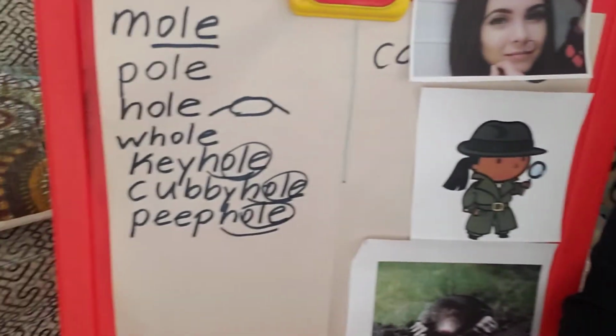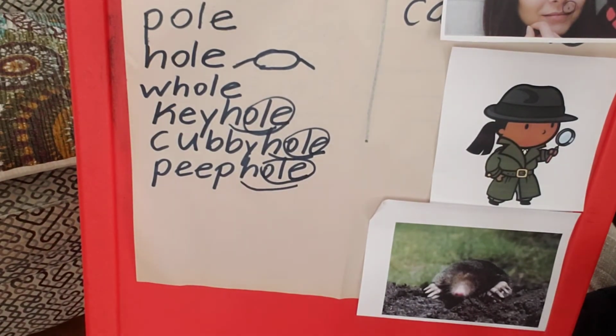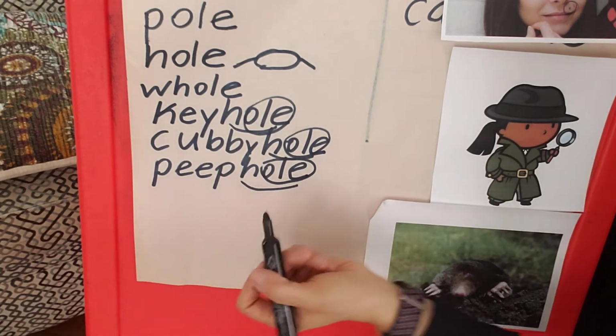And I want you to think about whether or not the OLE ending makes sense for this word. It's a word you probably know, but now that you know that OLE means small, let's think about whether or not this makes sense. I want to prove it to you that OLE means small in most words.